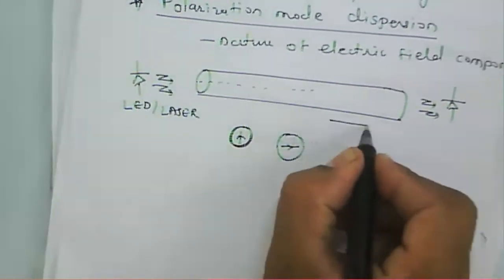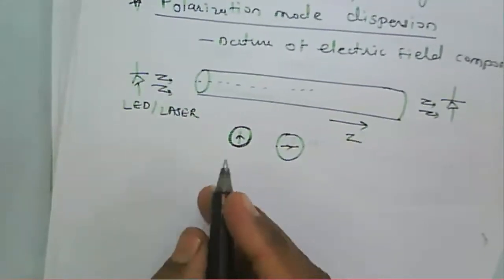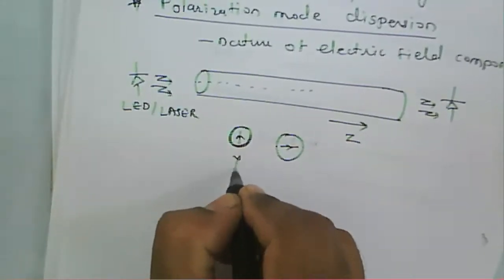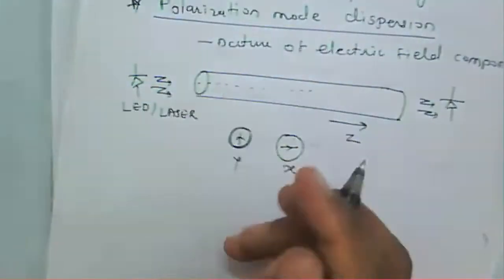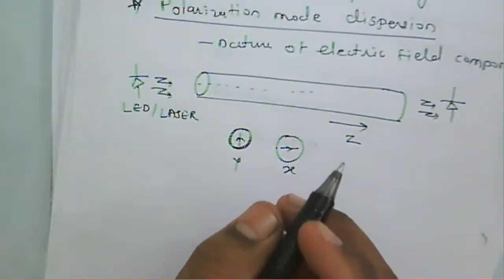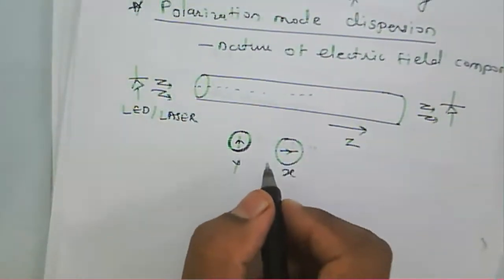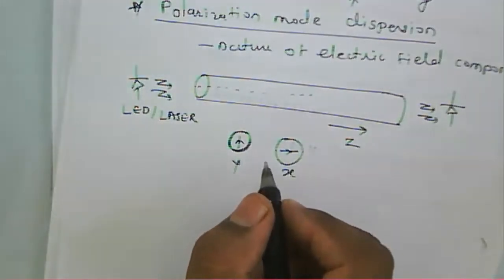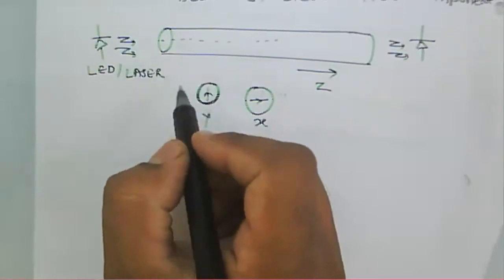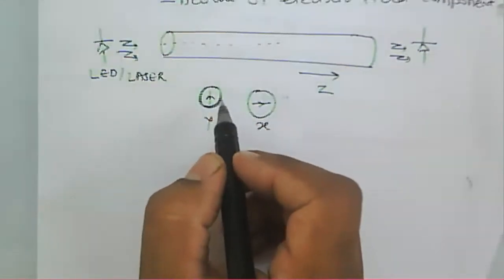If we say the direction of propagation of the wave is in the z direction, then there will be a field component of y and a field component of x inside the particular fiber. Each and every ray propagating through the fiber has some particular phase constant because generally a fiber is cylindrical in nature.